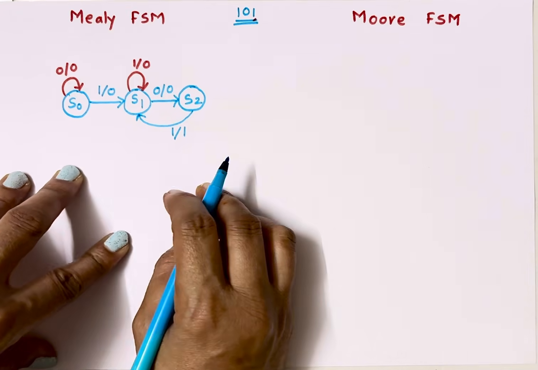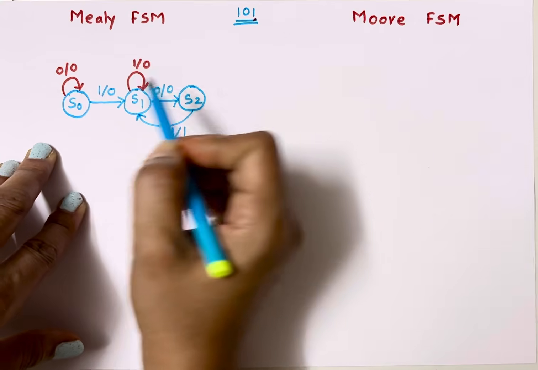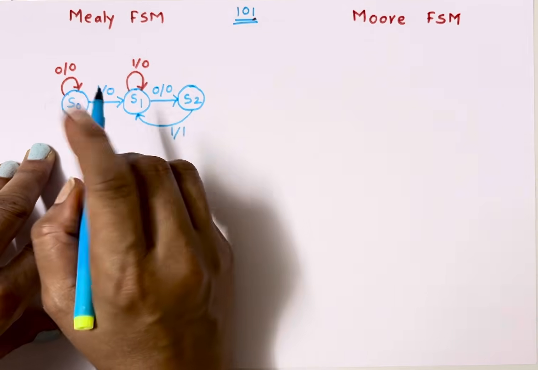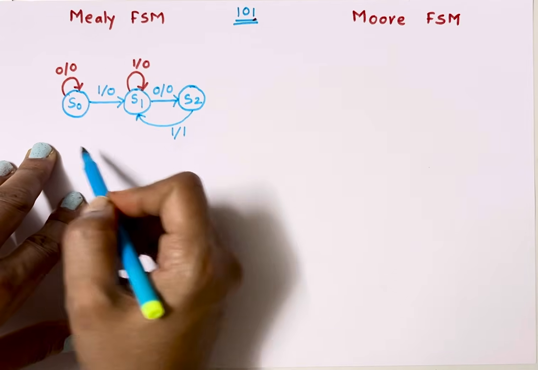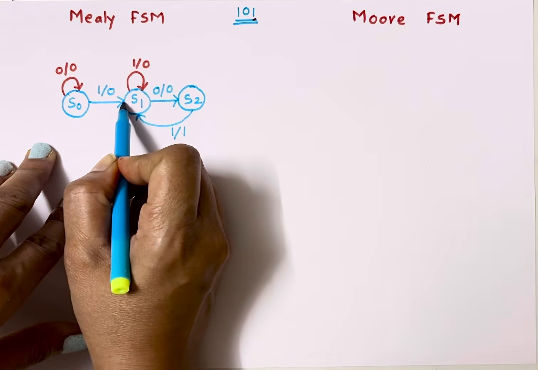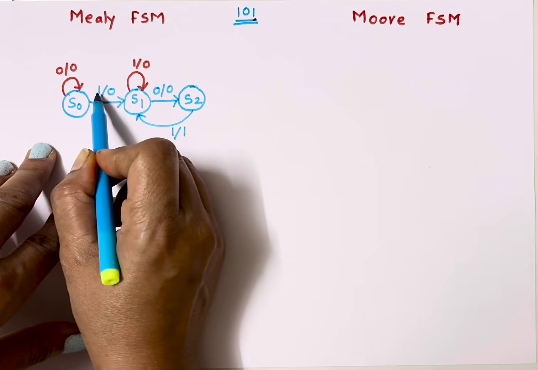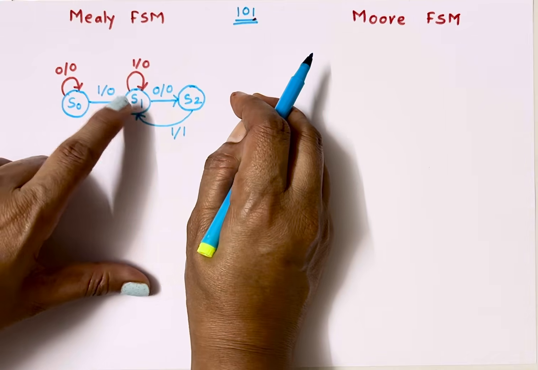Now see, you need to remember, if the correct bit comes, it will go to the next state. Otherwise, it will either remain in the same state or go back to a previous state. You need to remember that the transition to this S1 was when the input was 1. So whenever the input is 1, only then can we go to S1.